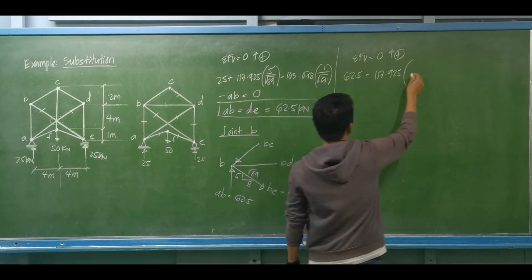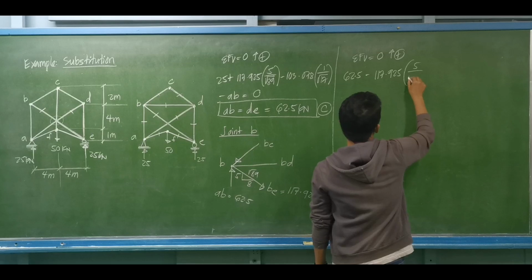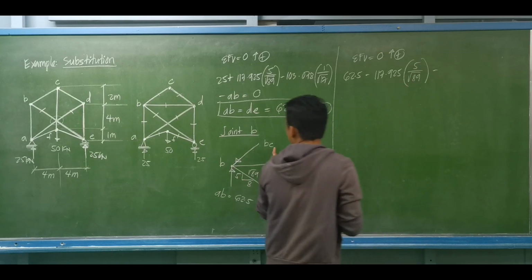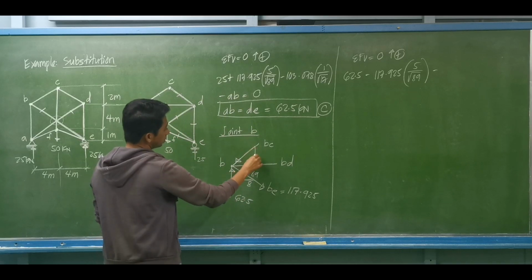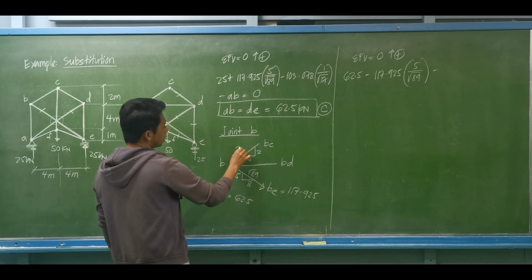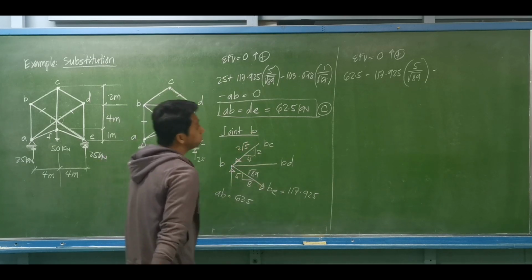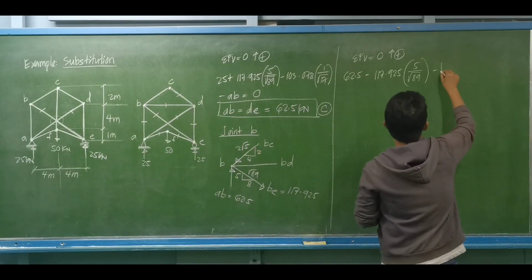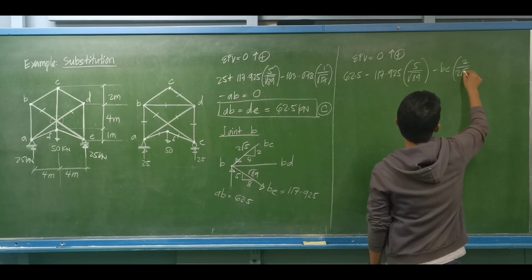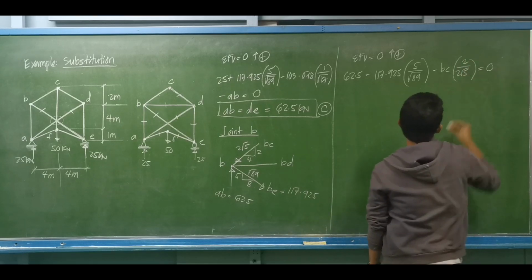So the vertical component is 5 divided by the square root of 89. I assume that BC is downward. What is its slope? We have 2 vertical, 4 horizontal, this is 2 square root of 5. So minus BC, vertical component is 2 divided by 2 square root of 5, equal to 0.